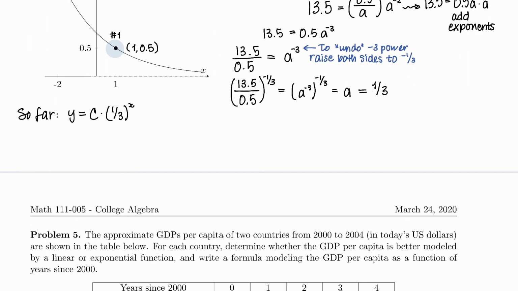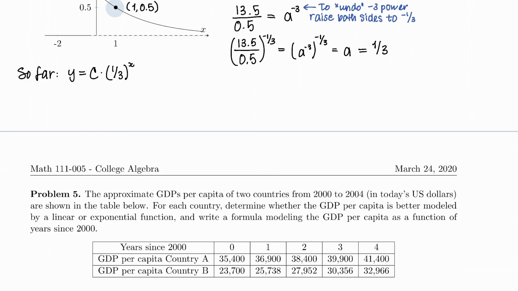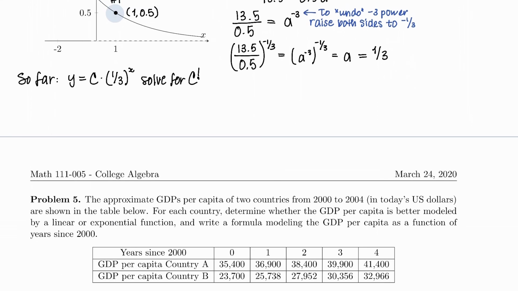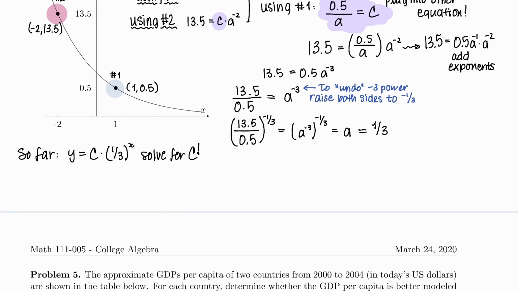Okay, so now finally, we can solve for c. To do that, I can use either one of the points that I'm given. Maybe I'll use point number 1 again because x is going to be equal to 1, and that seems nice.